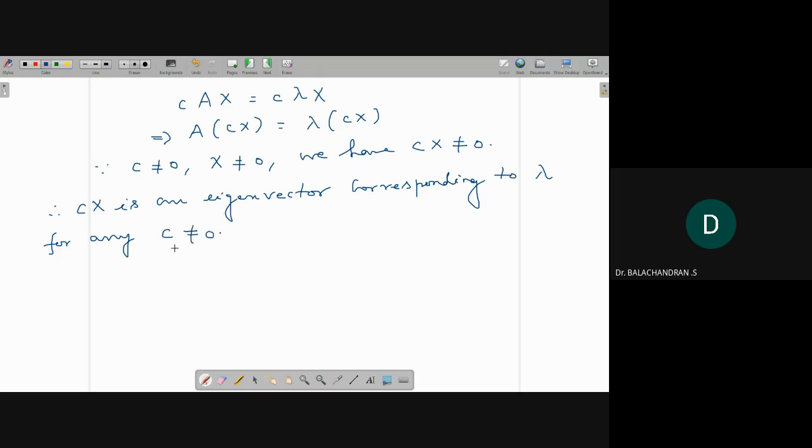Hence an eigenvector is not unique for the eigenvalue lambda.